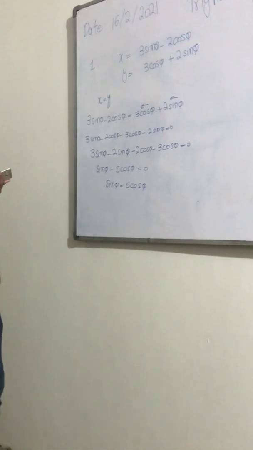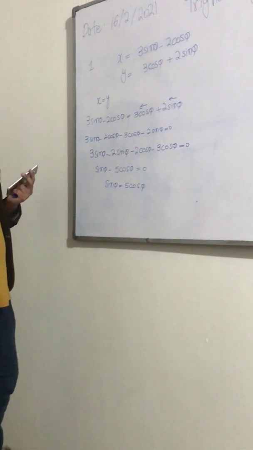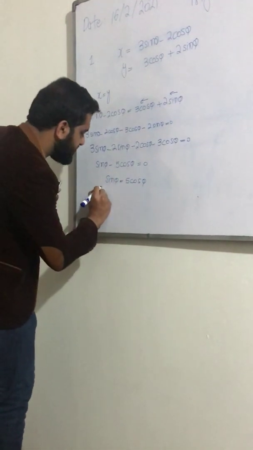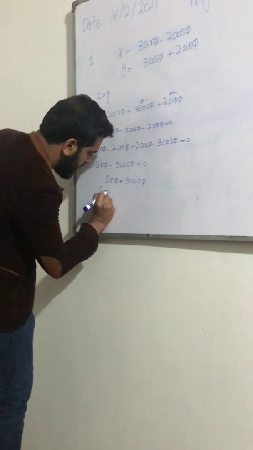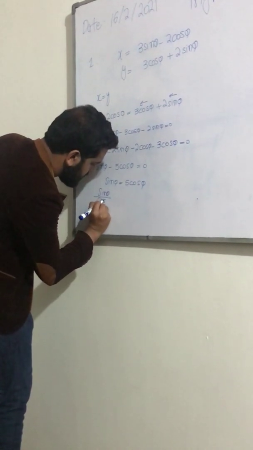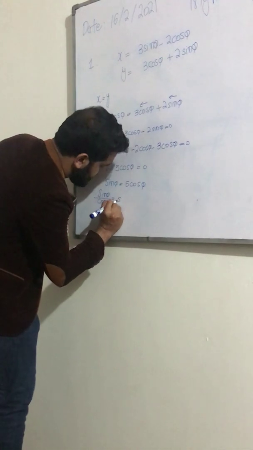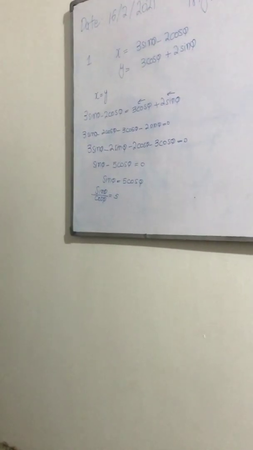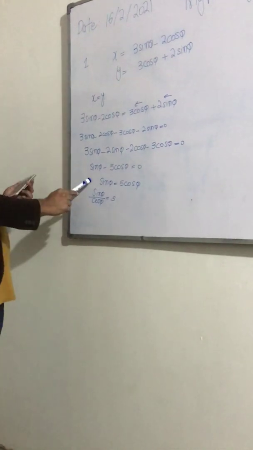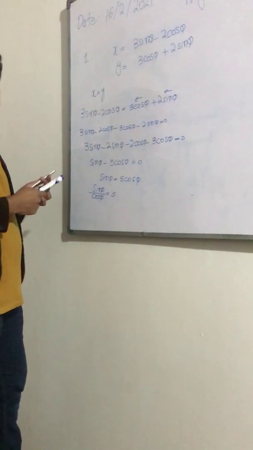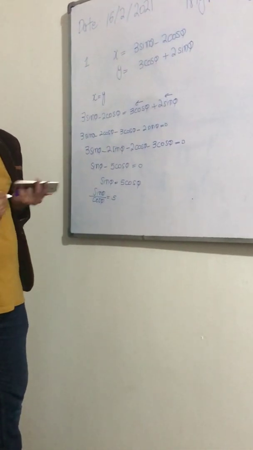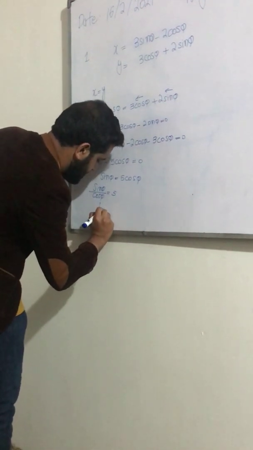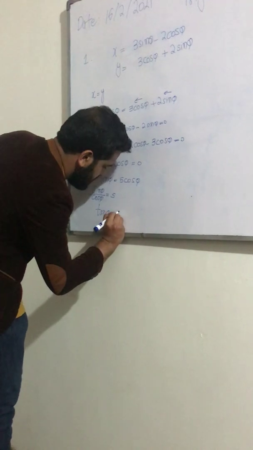So to make a single term, we can basically move this cos theta under this sin theta, and it will become sin theta upon cos theta equal to 5. Now anyone can tell me that sin theta upon cos theta will be equal to what? Yes, it will be equal to tan theta, and hence tan theta equal to 5.